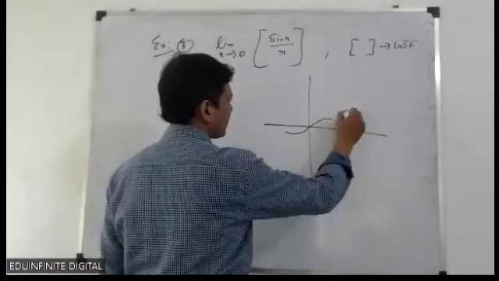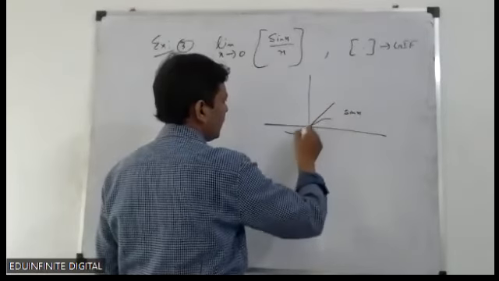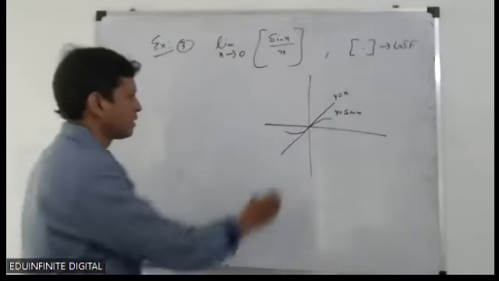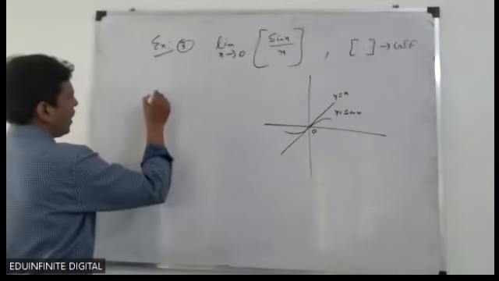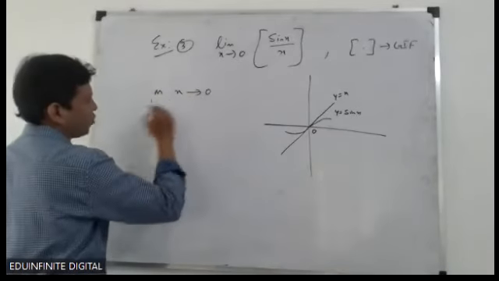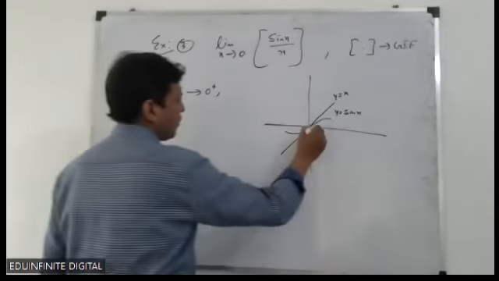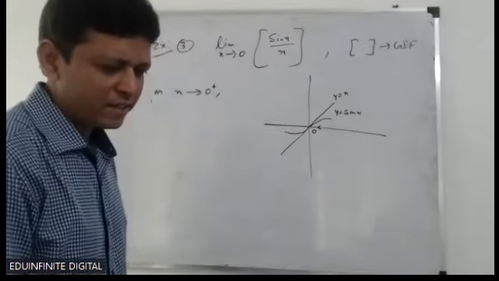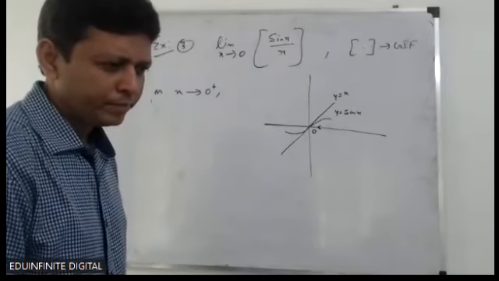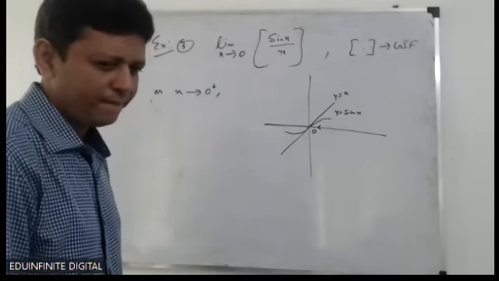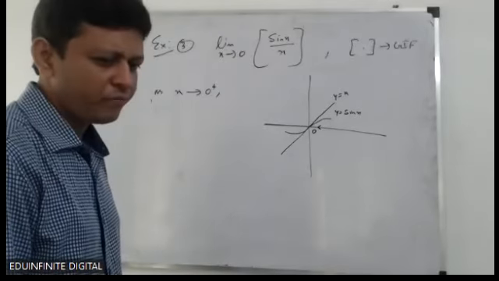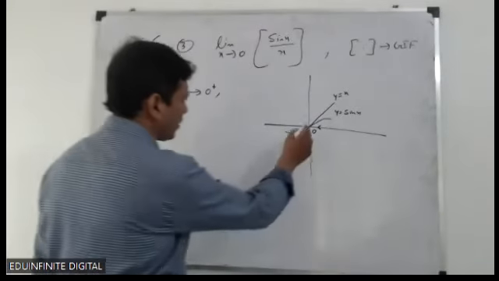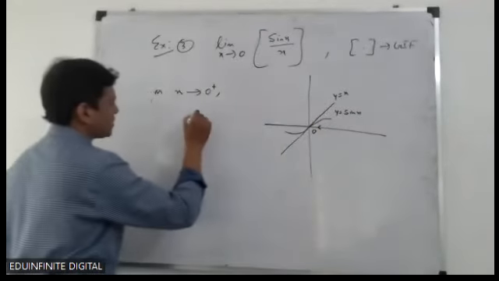This is sin x, and this is x, right? Now, as x tends to 0 plus, if you are moving from the right hand side, which one is greater, x or sin x, in the neighborhood of 0, from the graph? x is greater, x is more than sin x.